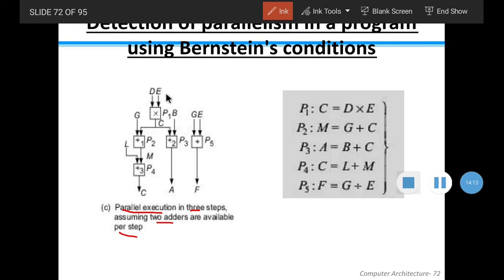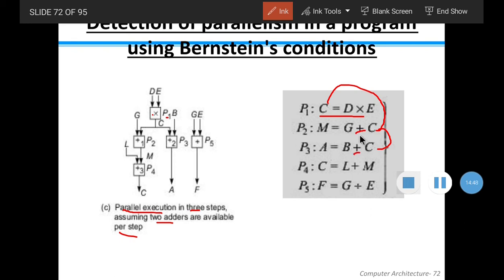In P1 we do C equals D times E: multiplication, with D and E as input and C as output. But C is used as an input to P2 as well as P3, and both use the same hardware.